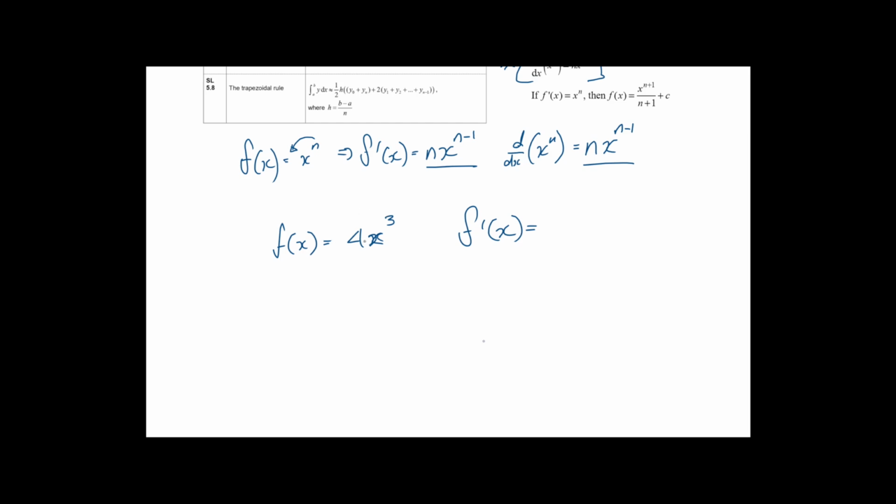It's just going to be 3 times that 4. So f dash of x is going to be 3 times 4x, and then the 3 will lose 1 power, exactly as it is up here. So when we do all of that in one go, 3 times 4 is 12x squared.